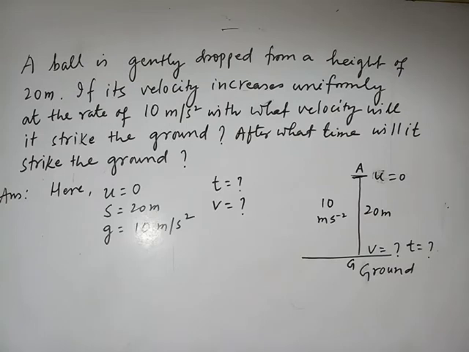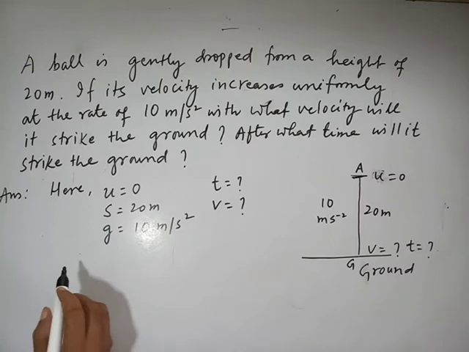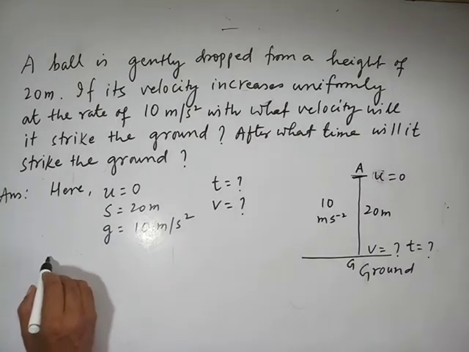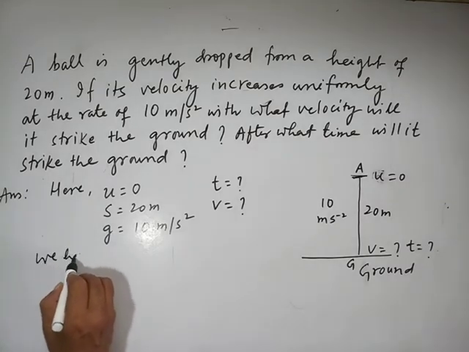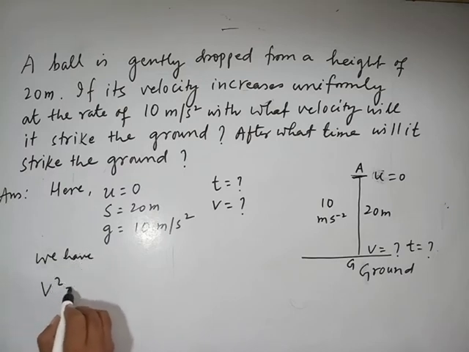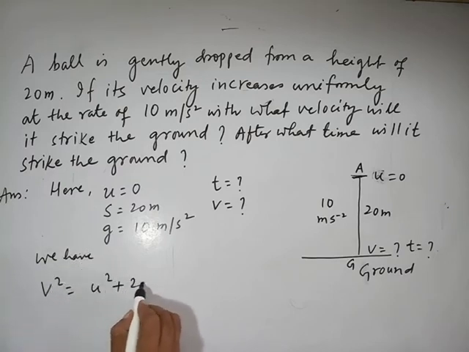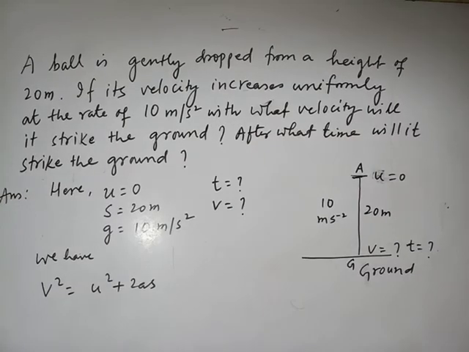So we have to use one of Newton's equations. This is the velocity position equation: v square is equal to u square plus 2as. Here you have to find v, and u is 0.